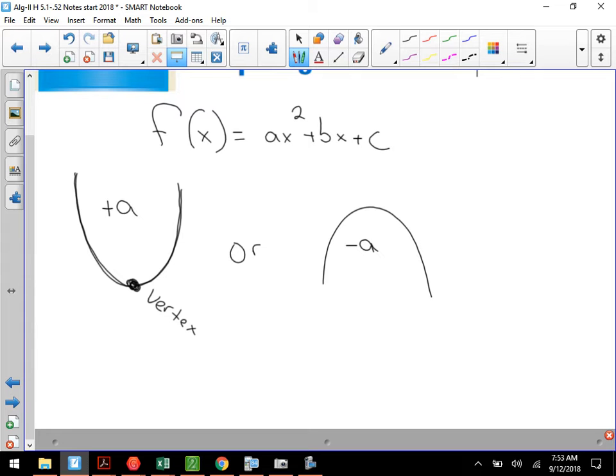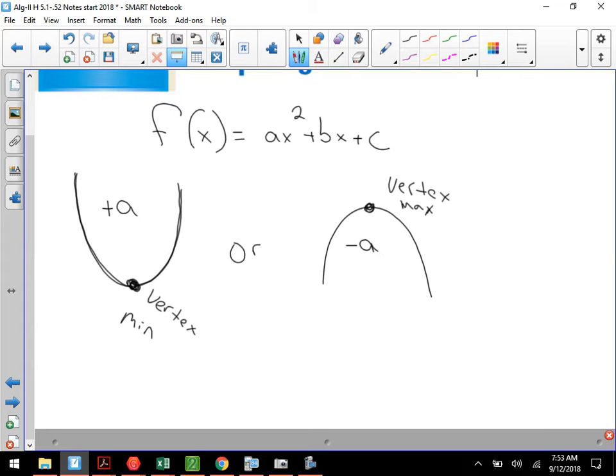When it is up like a cup, that vertex is the minimum. Therefore, when it is down like a frown, the vertex is the maximum. It's the largest value that you can get versus the smallest value you can get.